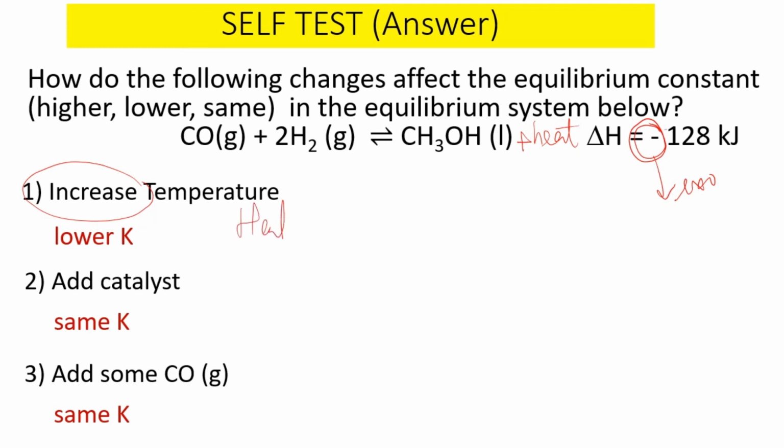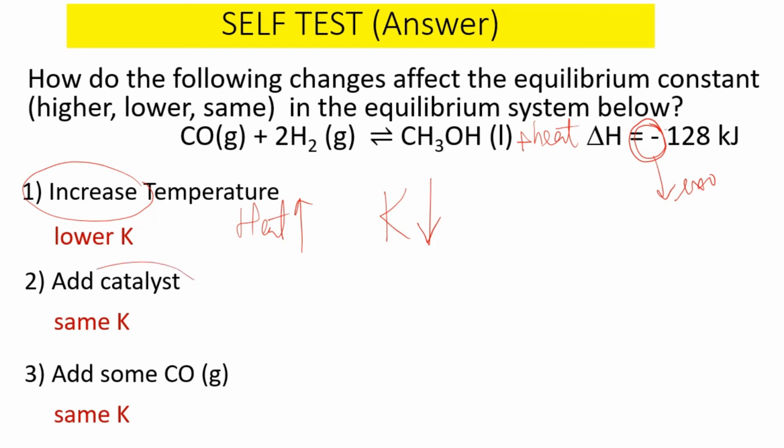You increase a lot of heat, that's why your temperature will increase. You don't like heat, but we give you a lot of heat. So this is not favorable to the reaction. So when you do this, the value of K will decrease, because it does not favor. People don't like heat, but we give them heat. They don't like the situation.